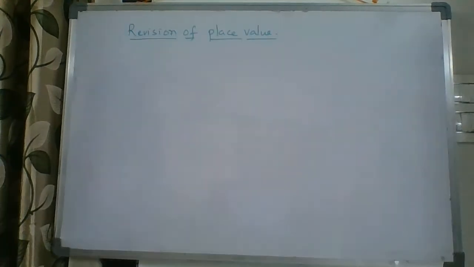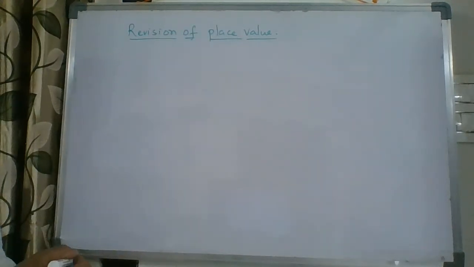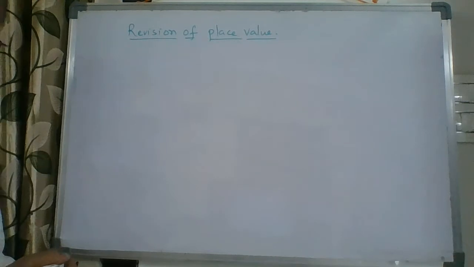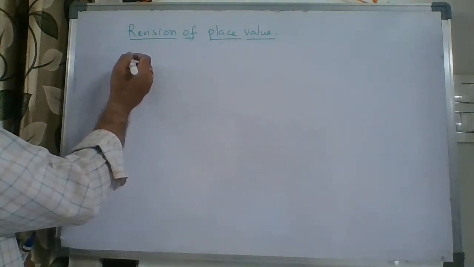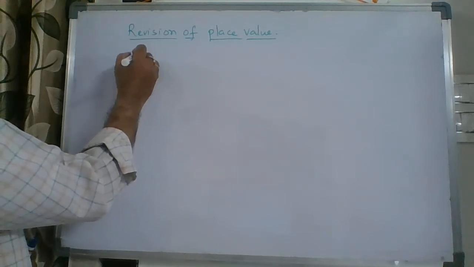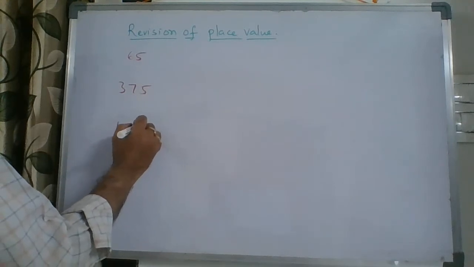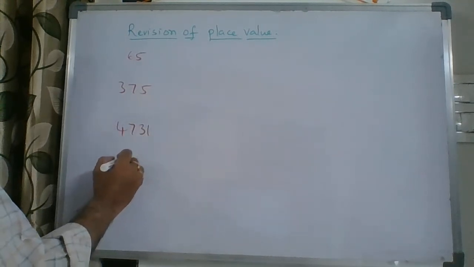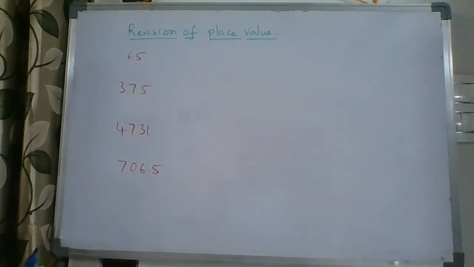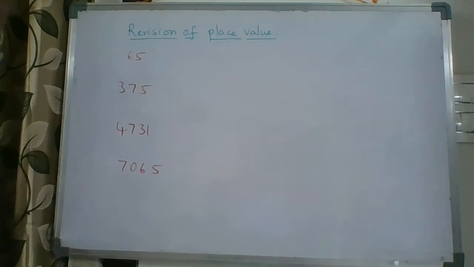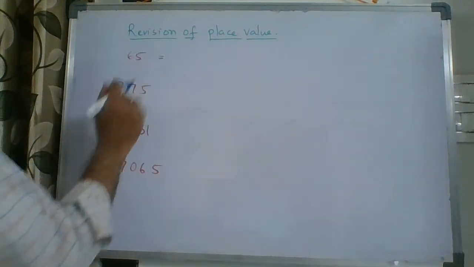Okay. Now we'll revise the place value of the given number. So already we have expanded the numbers of 2 digits, 3 digits, 4 digits, and 5 digits. So how do we write? First one, see, 6 is in tens place and 5 is in ones place, isn't it?